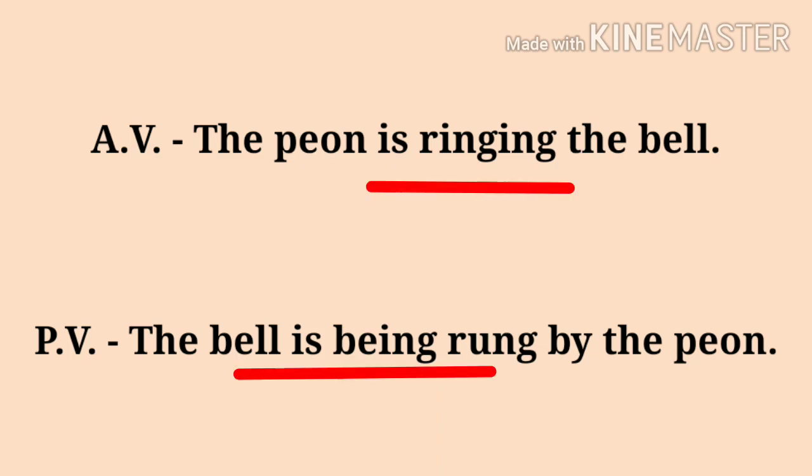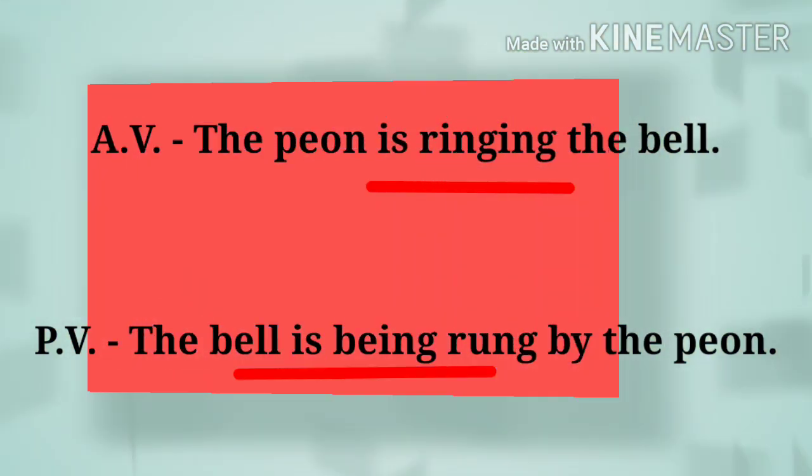So, is ringing changes to is being rung in the passive voice, and the subject, that is the peon, becomes the object in passive voice, and the object, that is the bell, becomes the subject in passive voice. So the subject and objects interchange. So the sentence is the bell is being rung by the peon.